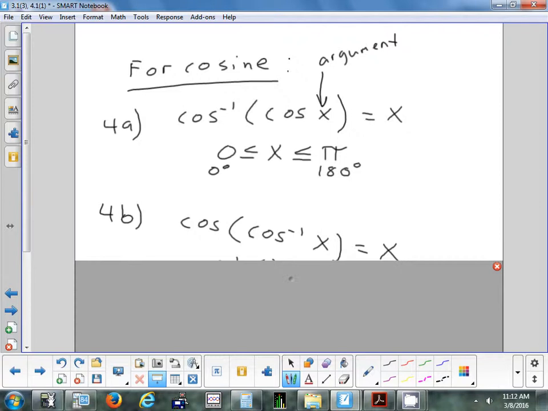For this one, I want you to think back to the graph of cosine. Does anybody remember what the highest cosine ever went was? Not that high. If you were to draw cosine, what's the highest it ever goes? So this answer is not an angle. This answer is just a number.